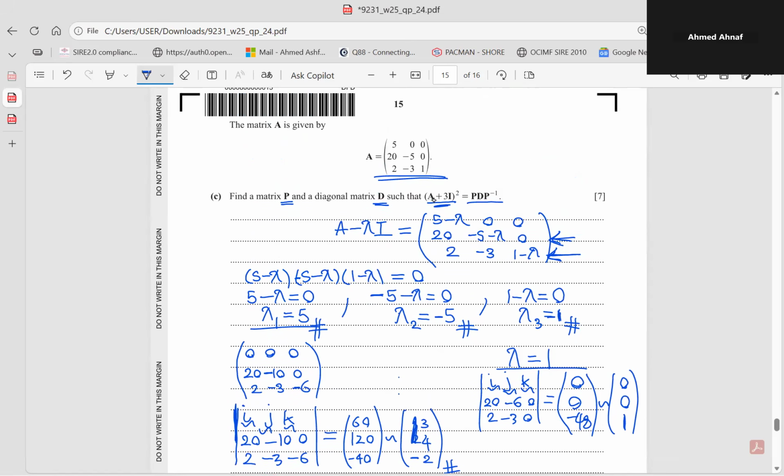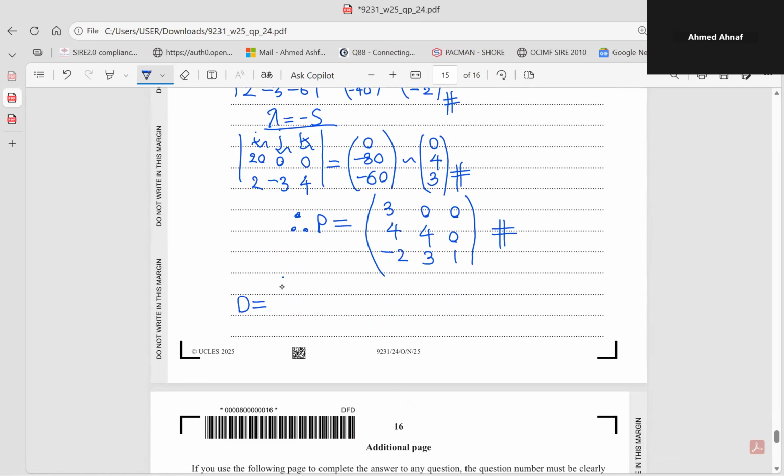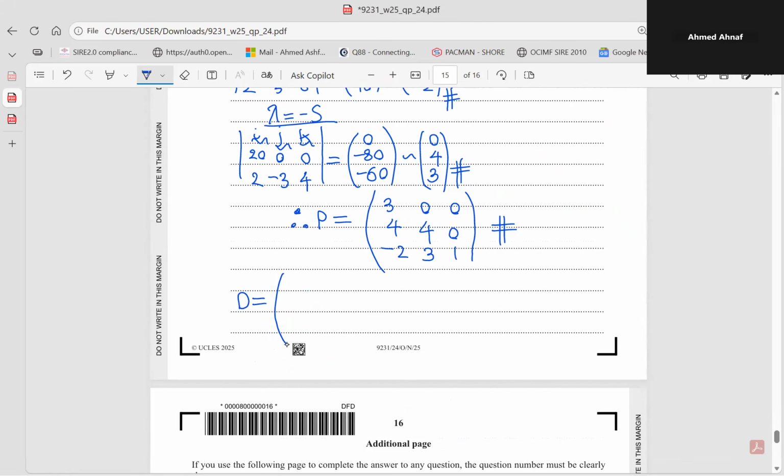So D is just A plus 3I, squared. What happens to the eigenvalue if you add 3I to the matrix is that the eigenvalues also increase by 3. And if you square that matrix, the eigenvalues would therefore be squared. So to get D, just take the existing eigenvalues. The first one is 5, we add 3 and square it.